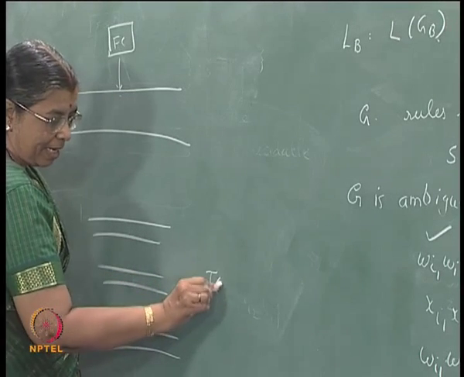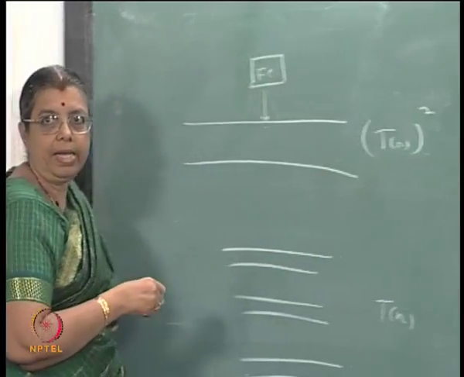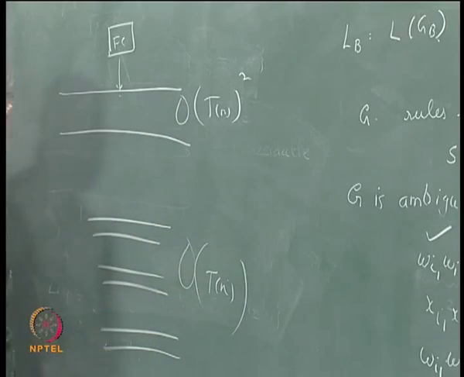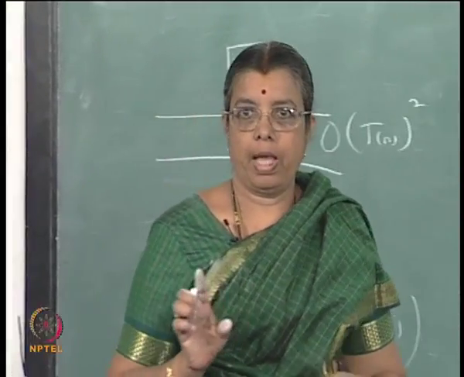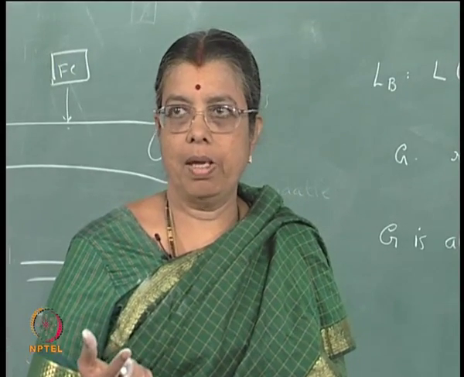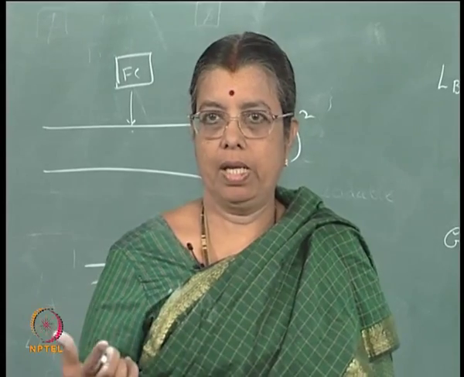So, if the time is T(n) here, it will be of the order T(n) squared there. So we cannot just say single tape Turing machine. You have to be careful whether the general definition is given for multi tape Turing machine. If you do it with a single tape, at the most you may be multiplying by another factor, T(n) into T(n).